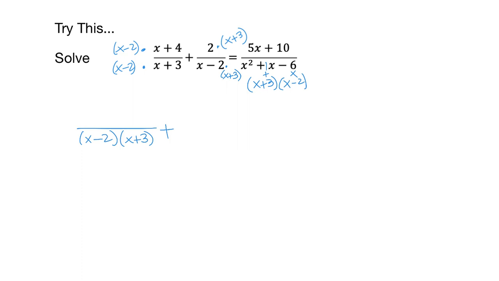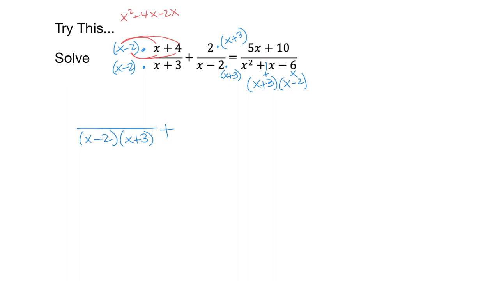I am going to multiply out the top. Now I'm going to do a little writing on that first one because there's a lot to multiply on this first one. So we have an x times an x, so x squared. X times 4 is 4x. Negative 2 times x, negative 2x. And negative 2 times 4 is a positive 8.